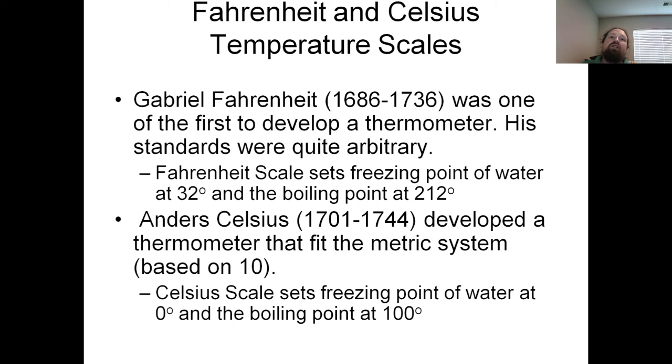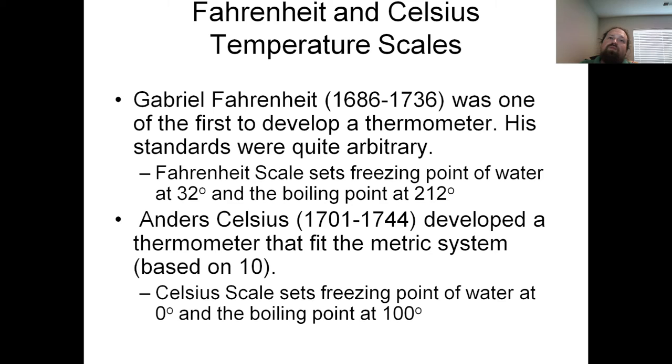So Anders Celsius invented his own temperature scale, and he specifically made his scale set in base units of 10. He set on his scale the freezing point of water at 0, the boiling point of water at 100, and after testing the water at all the other temperatures, he filled in all the blanks from there. So he got his baseline from this thesis statement here, and all his other research was finishing the scale from that point.